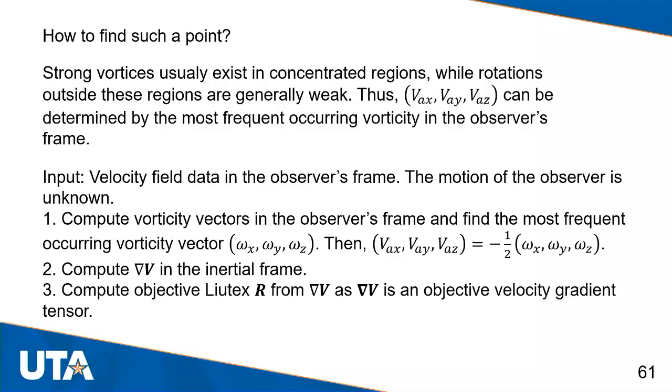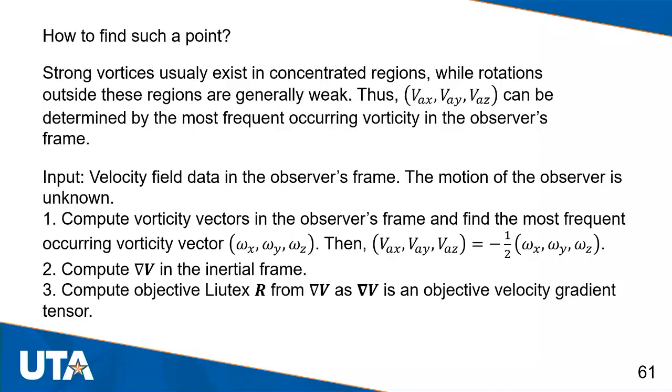In this work, because strong vortices usually exist in concentrated regions, that's the observation. The system tends to settle in an energy-least state, right? The energy least means the fewer vorticity, so the vorticity usually concentrates in small regions.